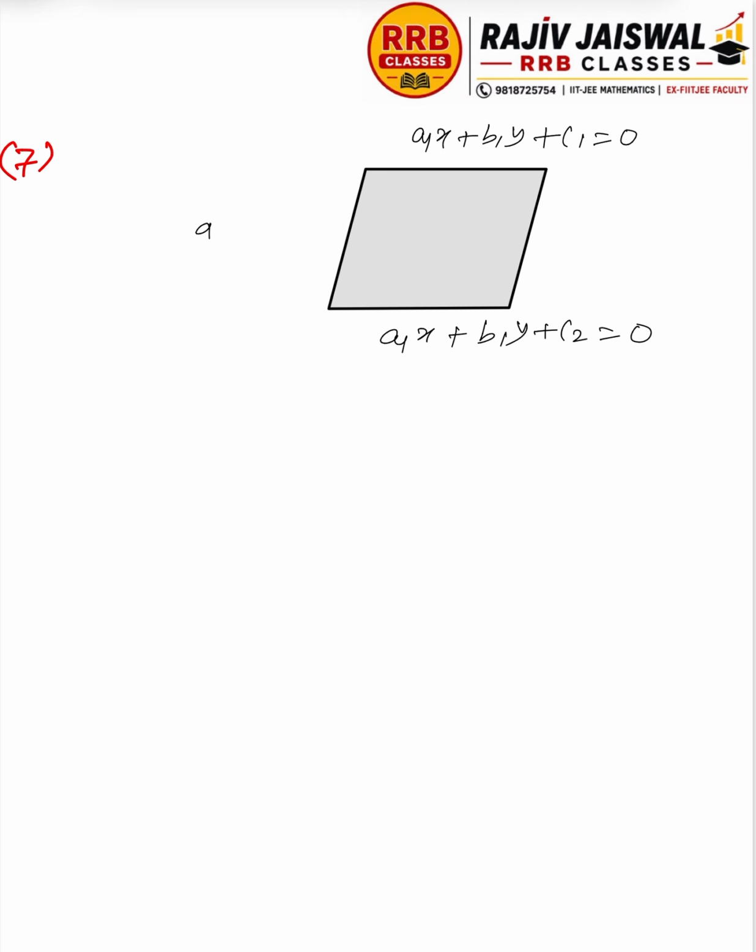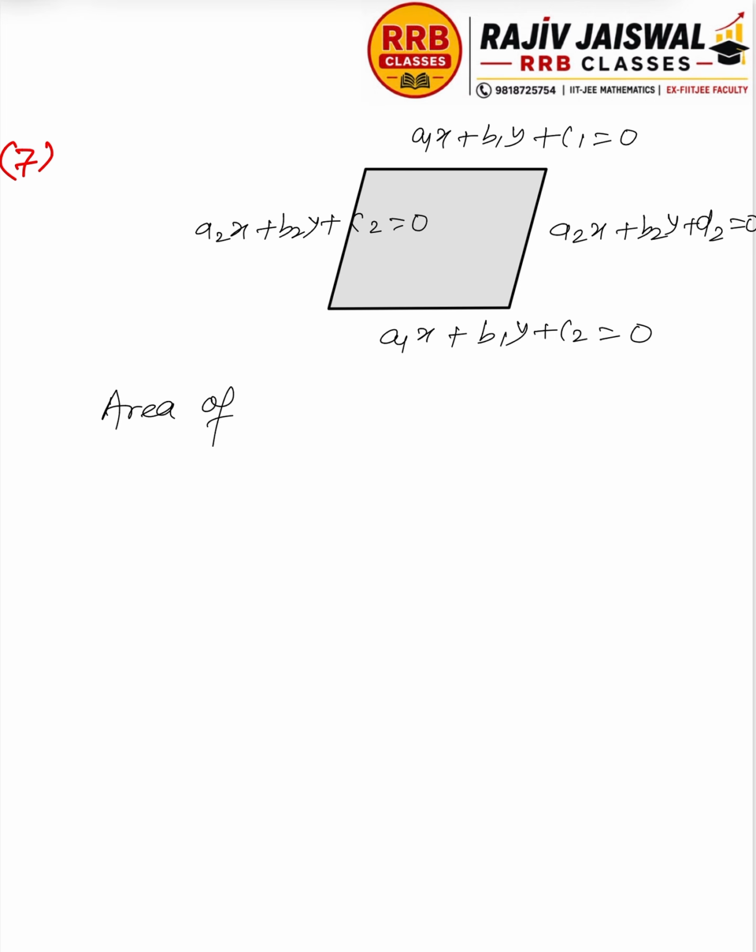Let this side be a2x plus b2y plus d1 equal to 0, and a2x plus b2y plus d2 equal to 0. We have to find the area of the parallelogram if the equations of the sides are known. So what is the formula for this?